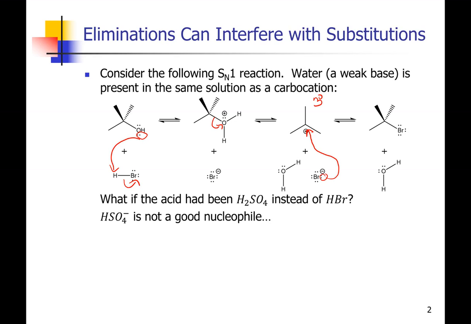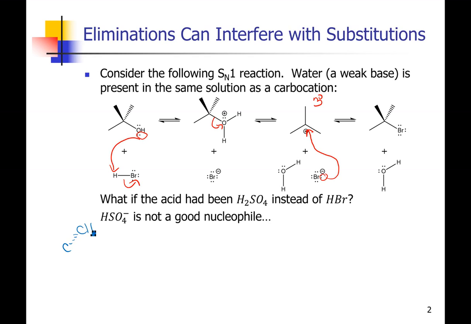But what if our strong acid didn't have a nucleophilic conjugate base? What if instead of using hydrobromic acid, we used something like sulfuric acid? Because hydrogen sulfate, HSO4-, is not nucleophilic at all. Well, our reaction is going to start off the same way.